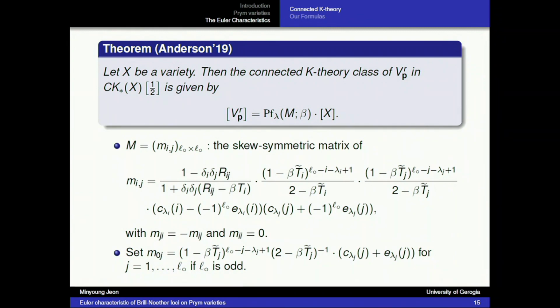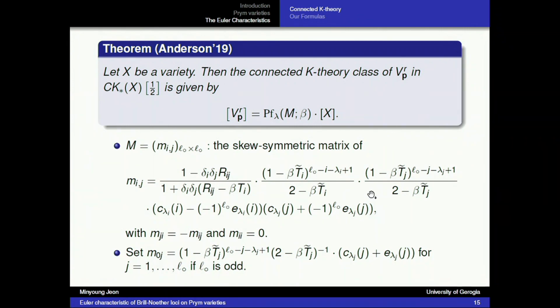And we just assume that the length of this partition is even. If it is odd, we can modify the skew symmetric matrix a little bit to have an even size of matrix. And the entries of this skew symmetric matrix are given by these equations involving some raising operators.